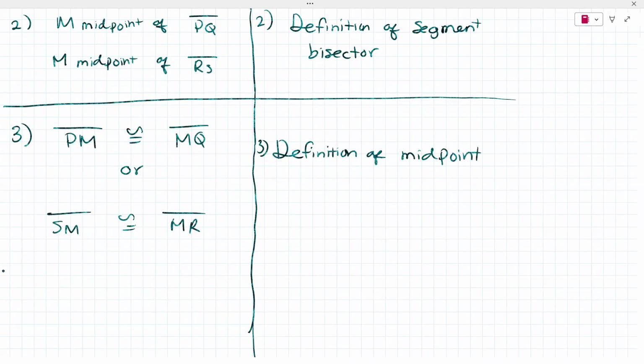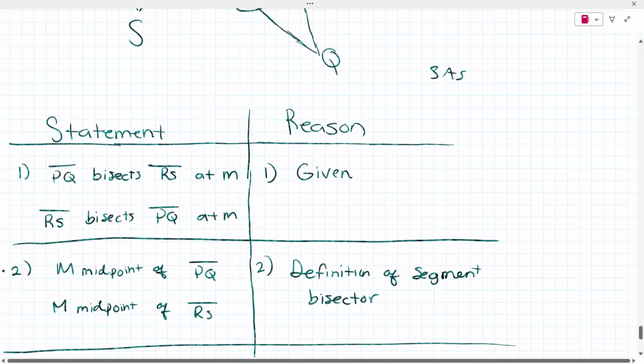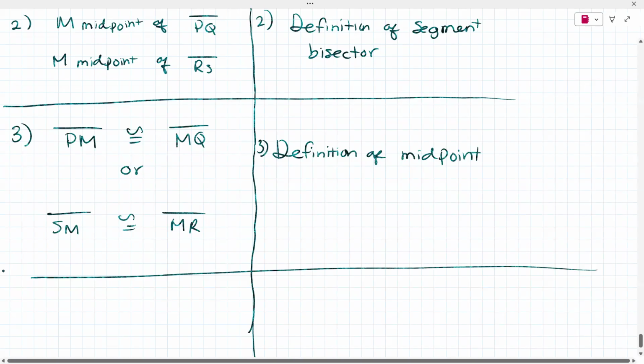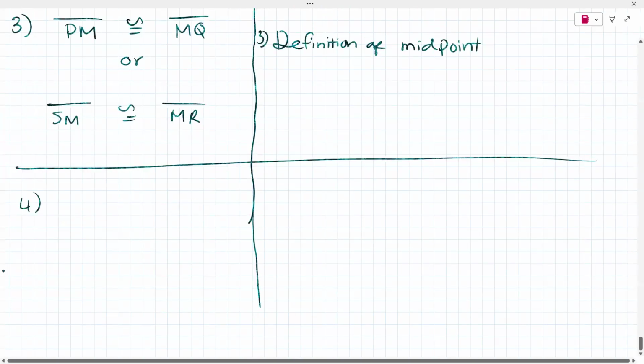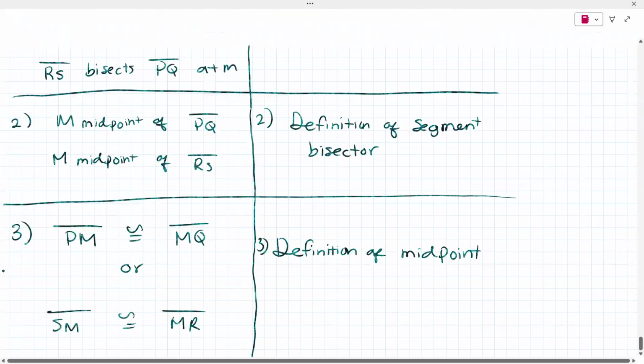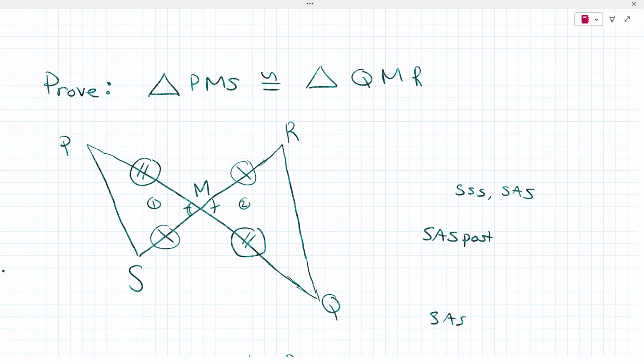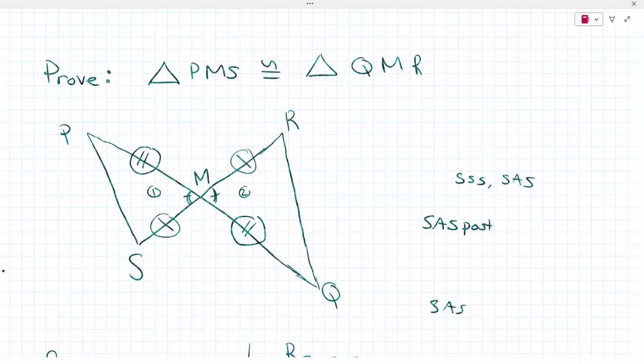And then I think we need an angle. If we're going to use SAS, we're going to need an angle, right? The fourth statement, you could say angle PMS, this vertical angle, is congruent to angle QMR, this angle.